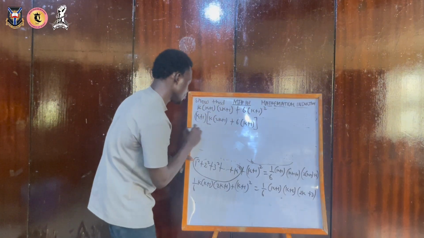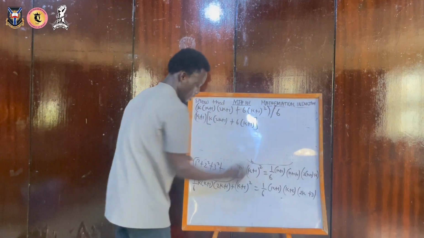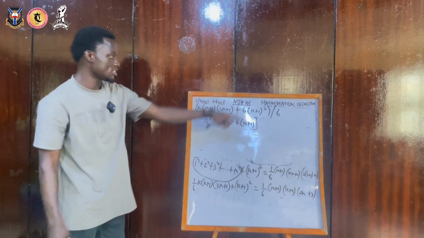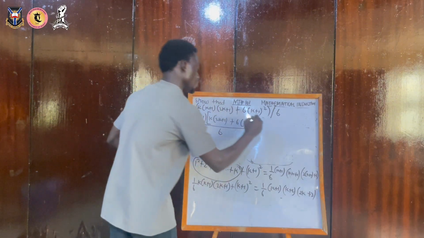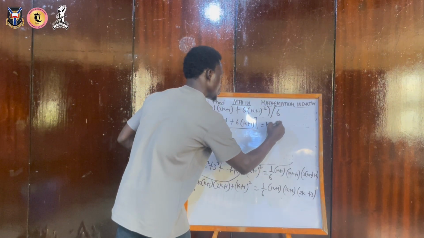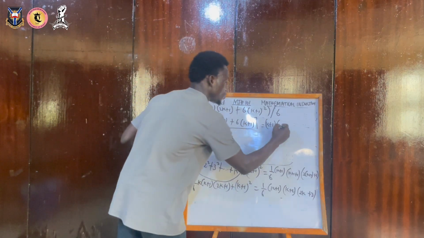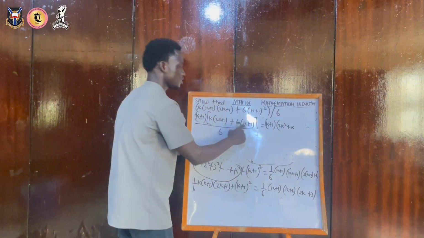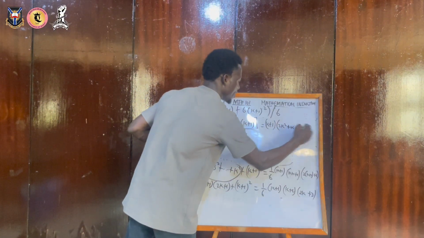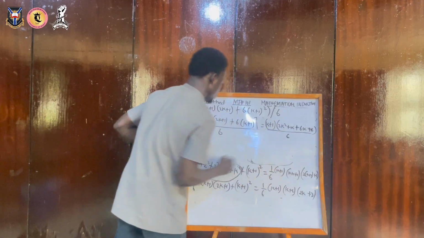So here, don't forget there is over 6, our LCM. So it equals (k+1) into k times 2k, you have 2k², k times 1, plus k, 6 times k, plus 6k, 6 times 1, plus 6, over 6.